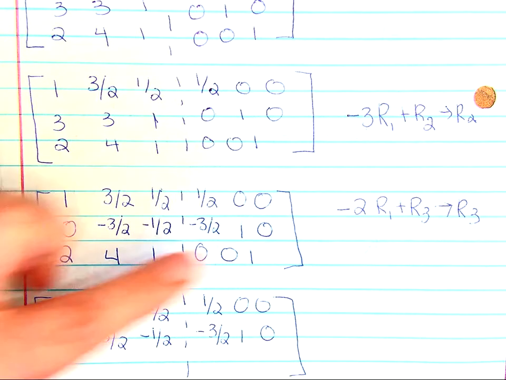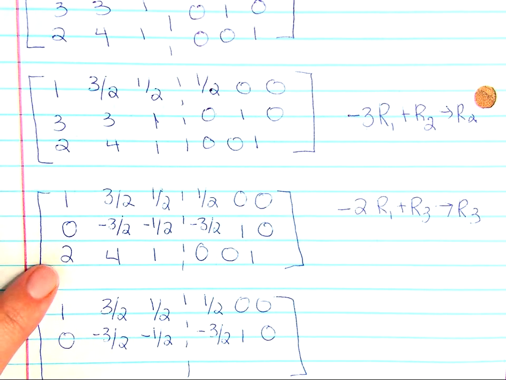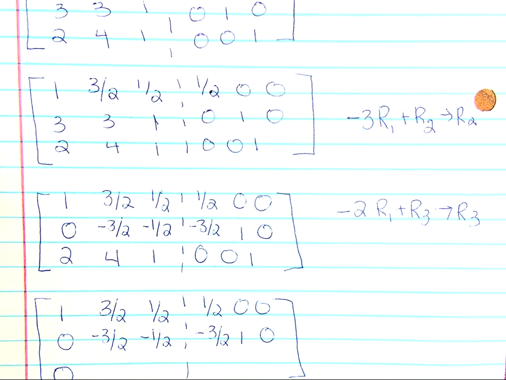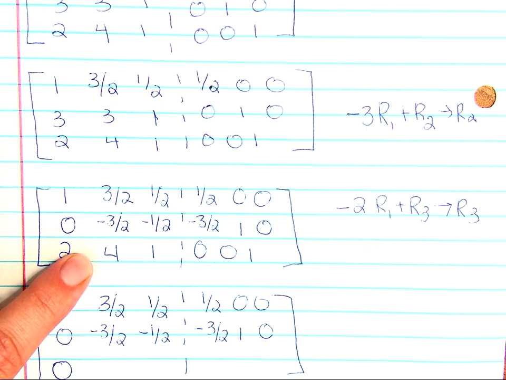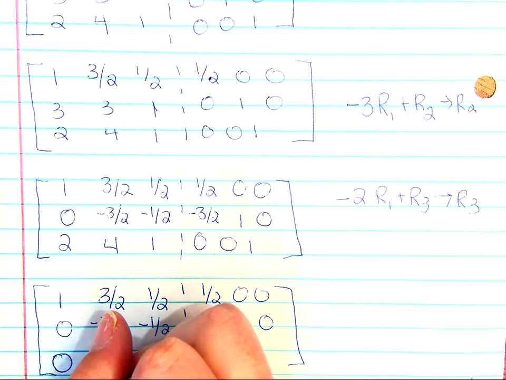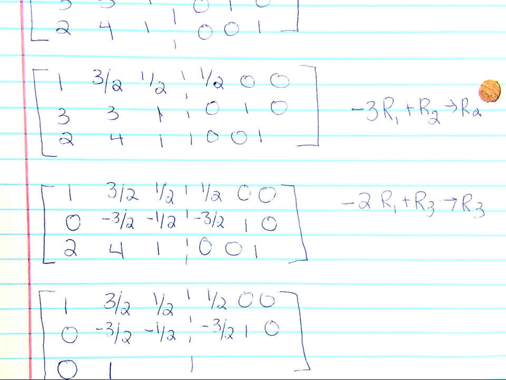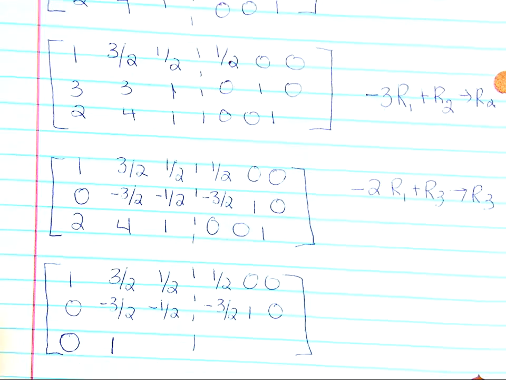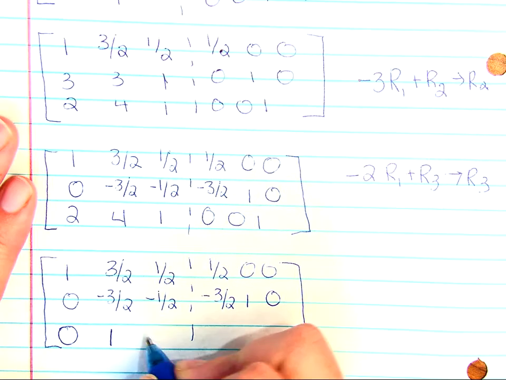So, -2 row 1. I've got -2 times 1 plus 2, which should be 0. Then I am doing -2 times 3/2, which should get me -3, and I'm adding that to 4. So that is going to be a 1. Then I'm doing -2 times 1/2, which is going to get me -1, then I'm adding that to 1, so that should get me 0.